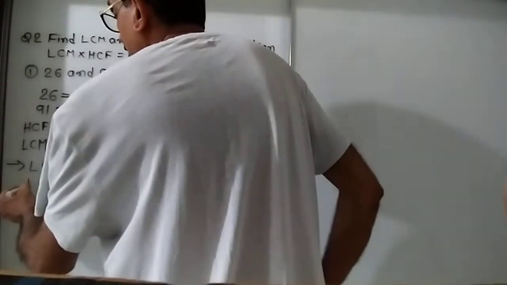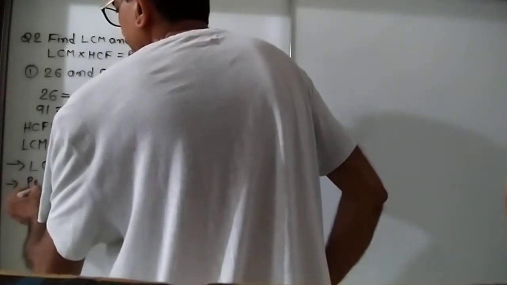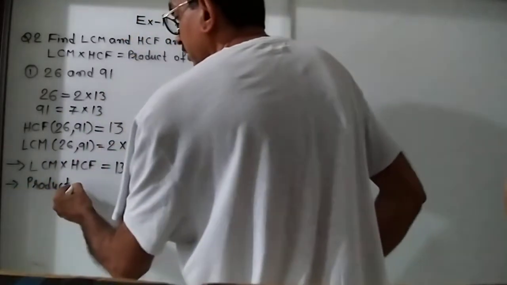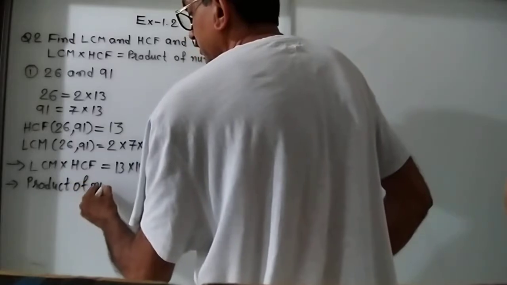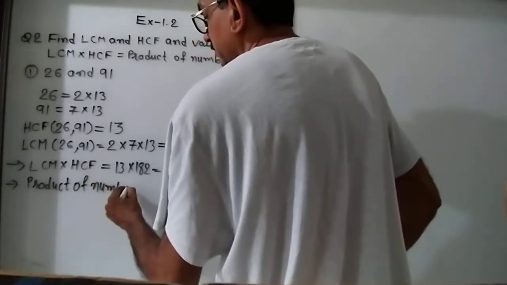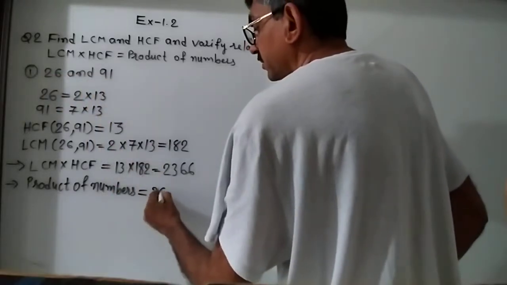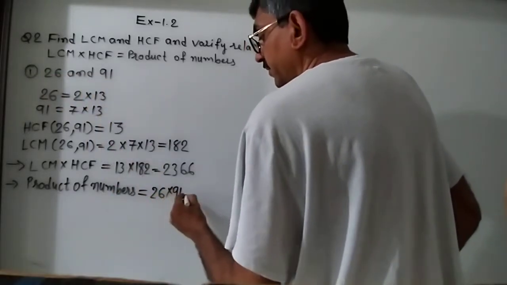Now the product of numbers is equal to 26 into 91.